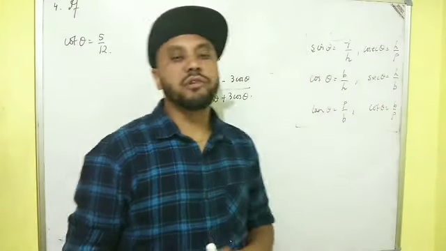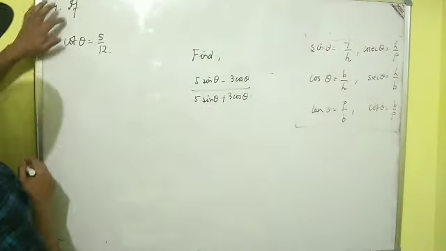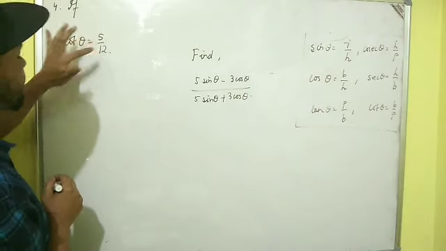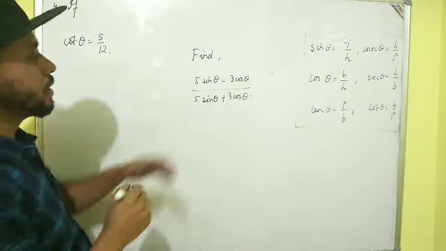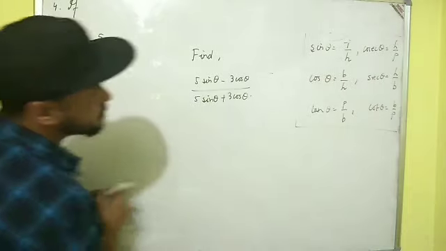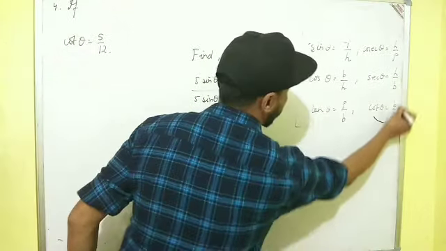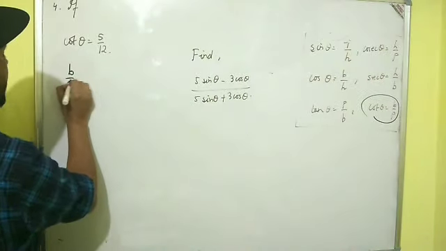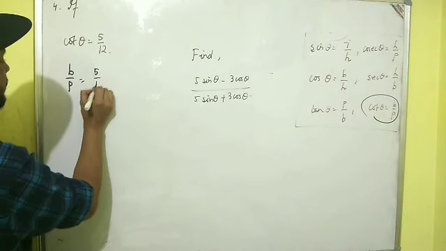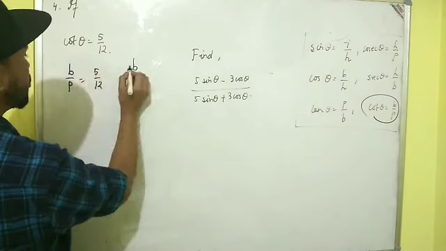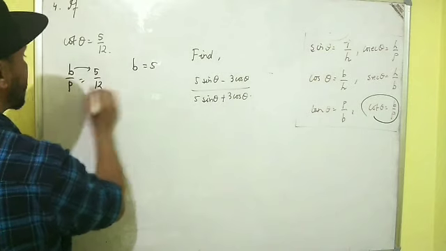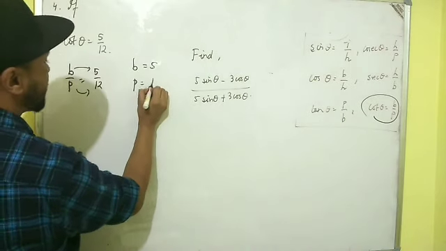Alright. Now let's move on to the next example, and it says if cot theta is equal to 5 by 12, find the value of this. Now cot theta is b by p. So this is b by p, which is 5 by 12. Now here, relating numerator and denominator, we can find the value of b and p.